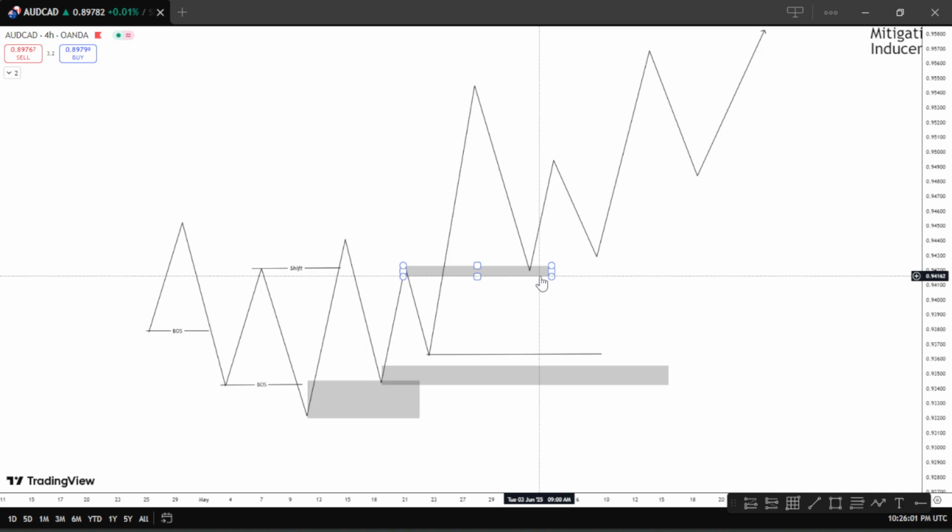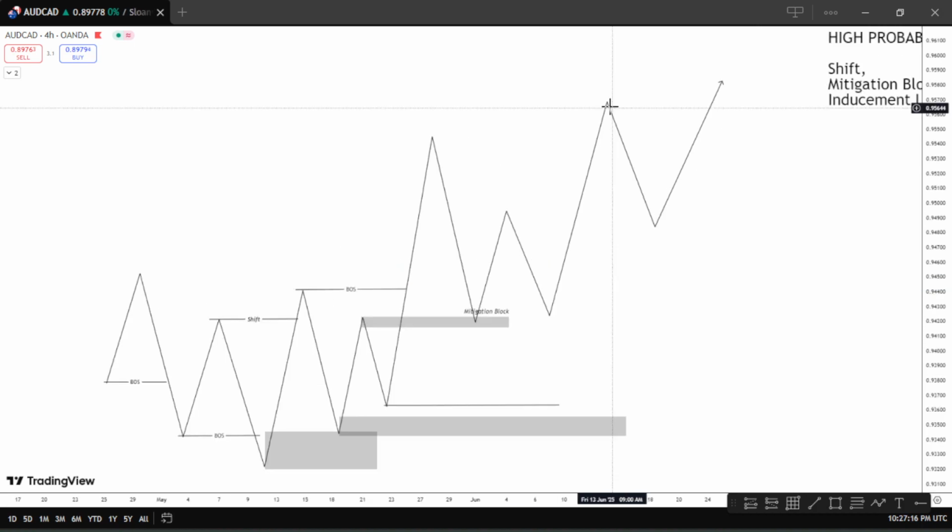So continuing after the takeoff from the mitigation block, market trooped up a bit. Okay, came back to sweep some early buyers that said break even. Many a time we call it engineered liquidity. Market will come back to sweep early buyers that has already set their stop loss to their entry, which is basically the break even, BE. BE means break even.